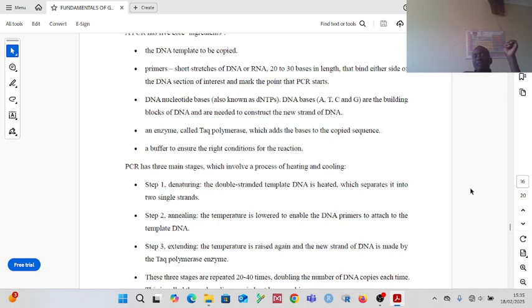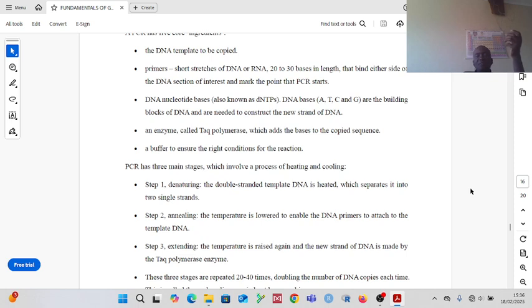Then the third stage, extension or elongation, the temperature has to be raised again slightly to the optimum temperature for the Taq polymerase to function optimally.